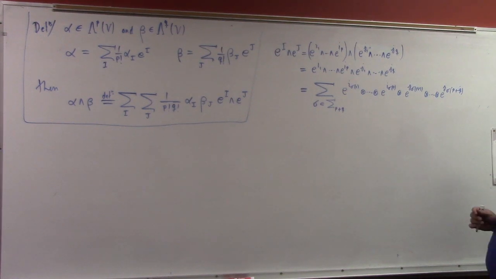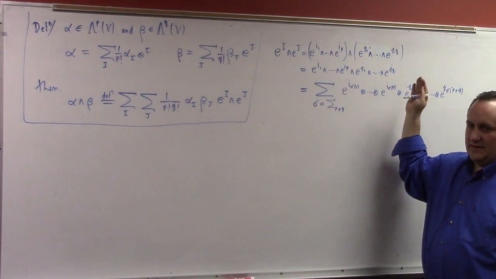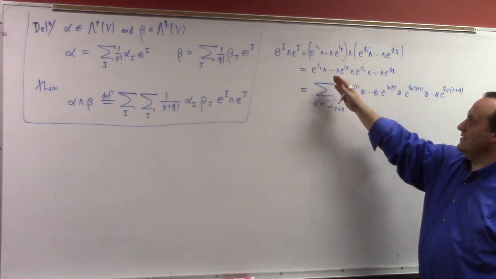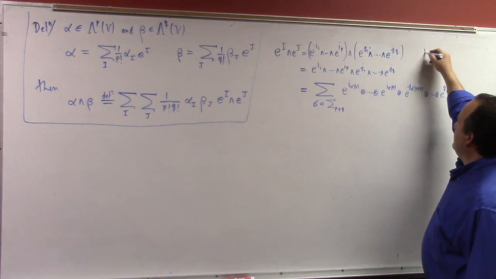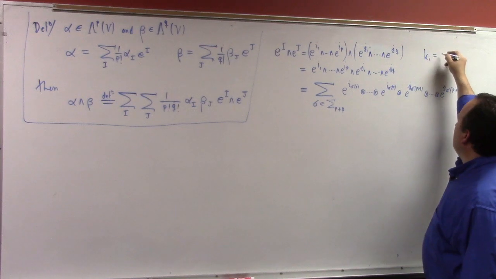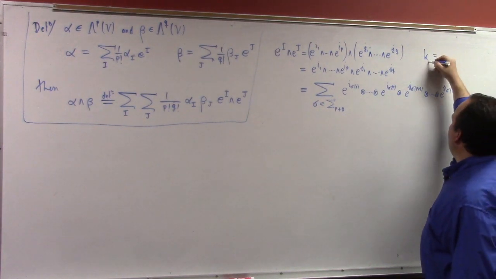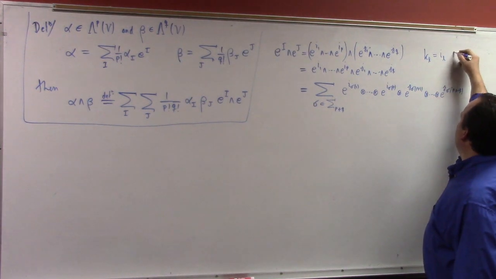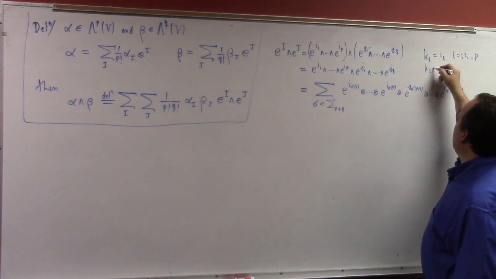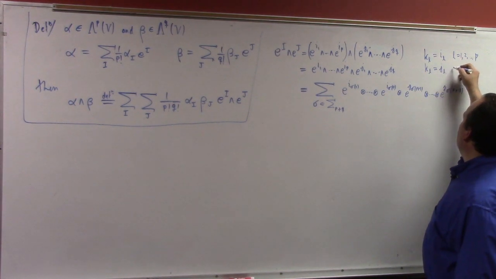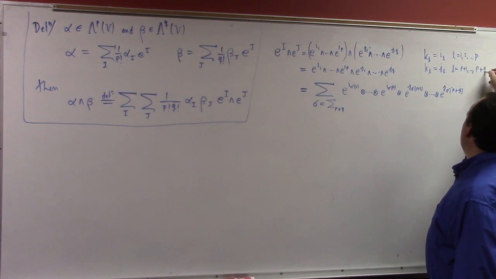Technically, in order to apply my definition, I need to re-enumerate this with e_{k1}, ..., e_{kp}, e_{k(p+1)}. I need k_l equal to i_l for l equals 1, 2, ..., p, and then k_l equal to j_l for l equals p plus 1 up to p plus q.